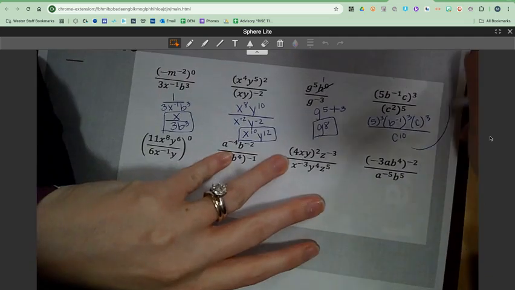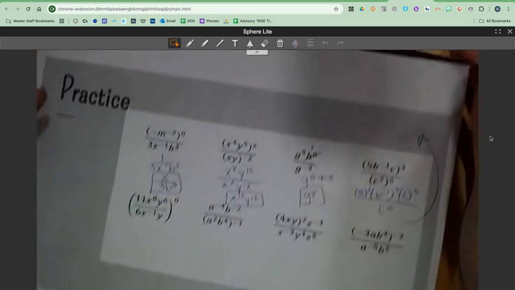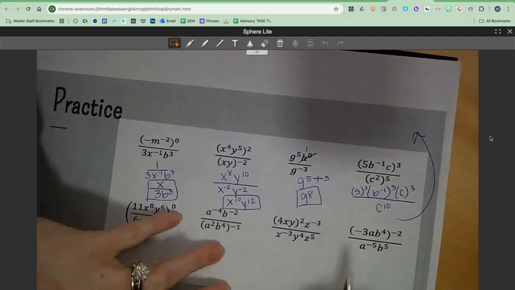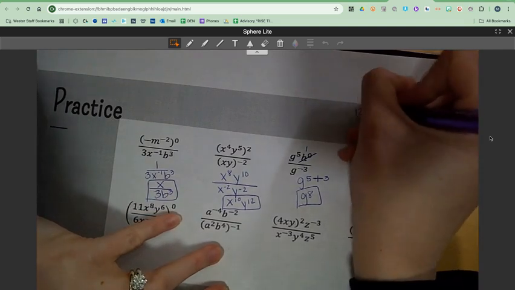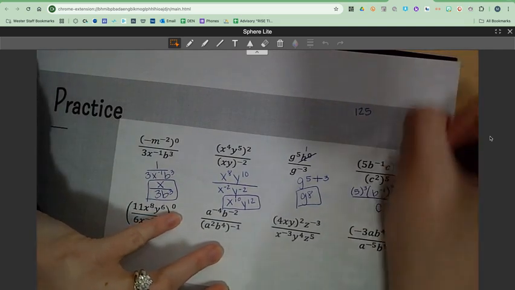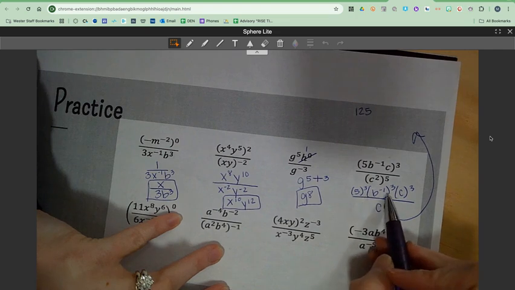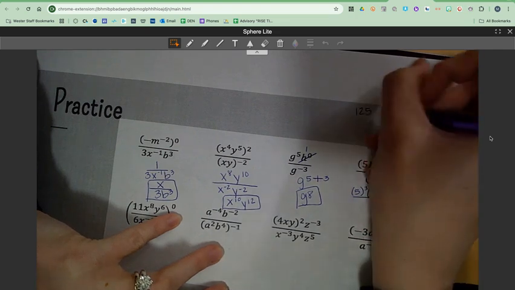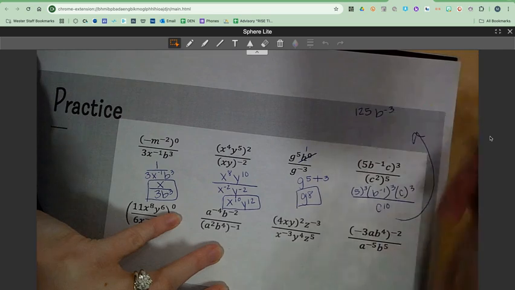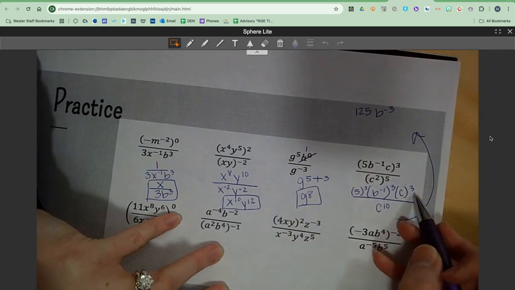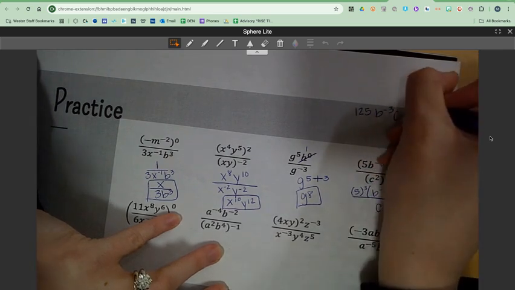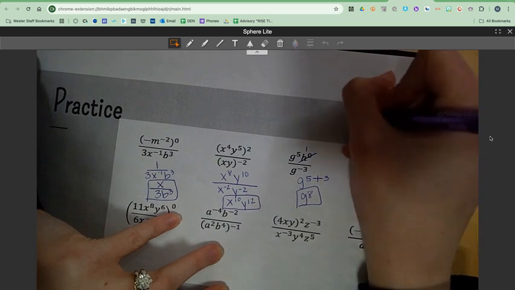I'm going to go ahead and move my work up here just so I have a little bit more space to work with. So 5 cubed is 125. Okay, then we have b, an exponent raised to another exponent. So negative 1 times 3 is negative 3. B to the negative 3rd. And this has an exponent of 1. 3 times 1 is 3.